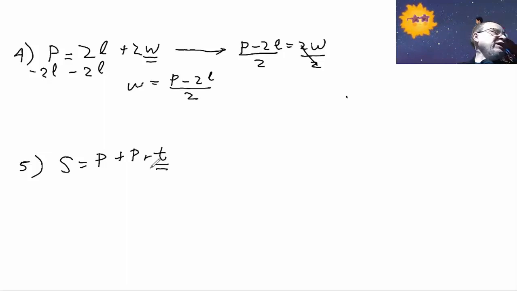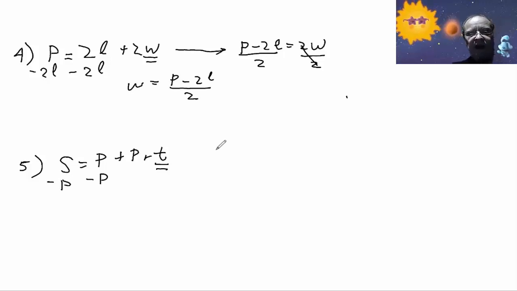So in this case, we do the same type of thing. We could just bring the P over here. We can't combine a P and an S. We can just represent it as S minus P is equal to Prt.